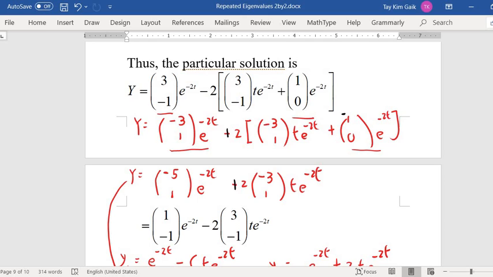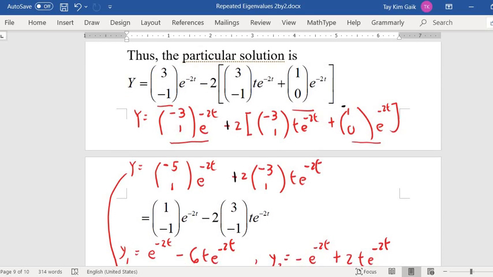So negative 3 exponent negative 2t plus 2 and negative 1, so minus 2, minus 5. Say minus 5 exponent negative 2t.